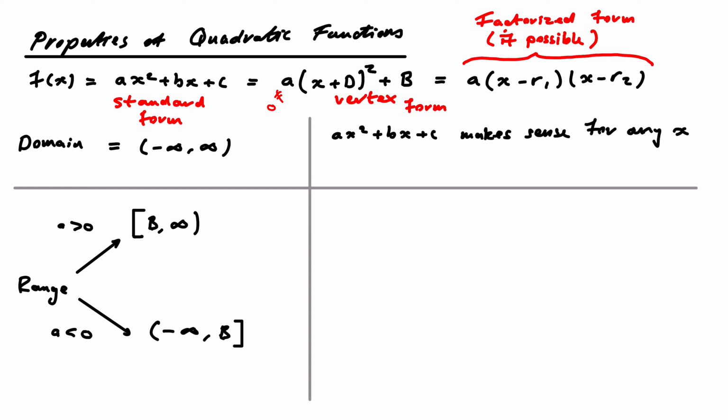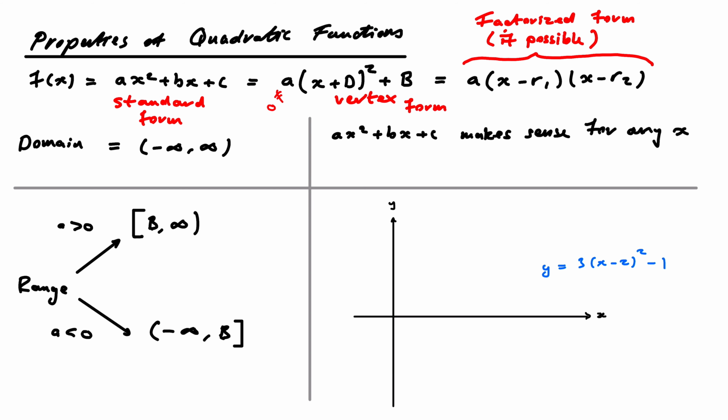Well, the vertex form really tells you the format of the graph. So if I was to graph, for example, a parabola, and remember, a parabola is our name for a graph of any quadratic function, let's say y is equal to 3 times (x minus 2) squared minus 1.